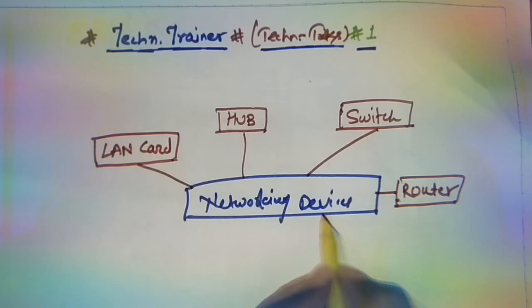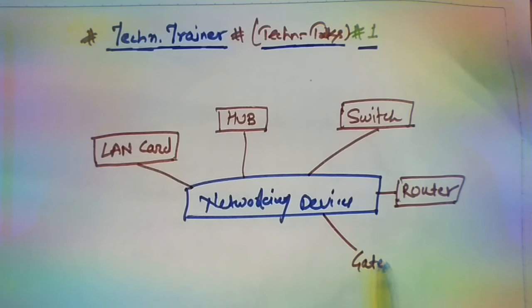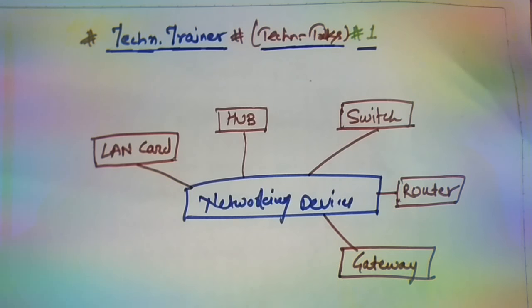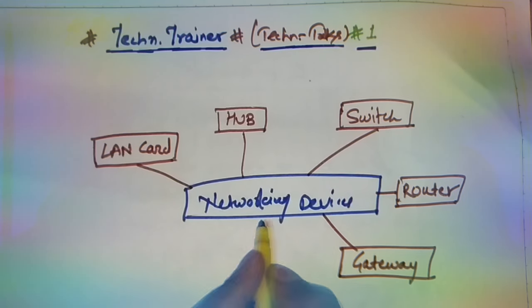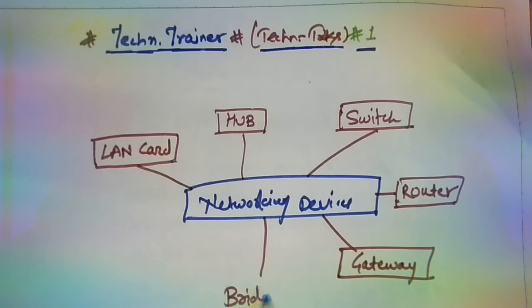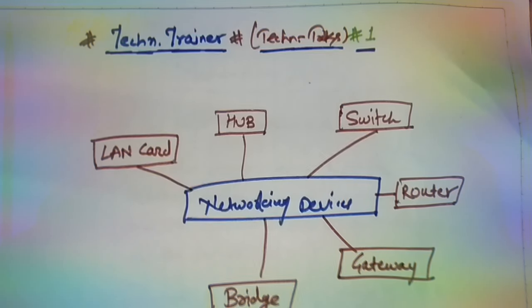The fifth one is the gateway that helps to connect devices. And the sixth one is the bridge. It works like a switch.